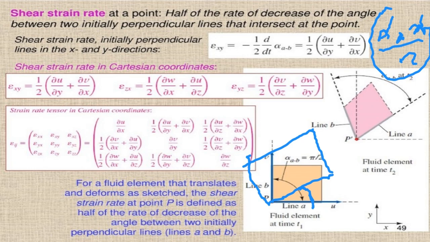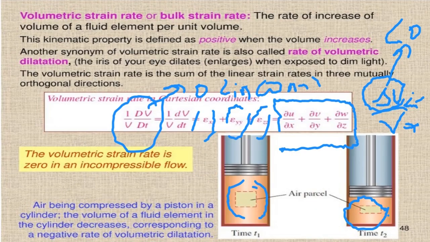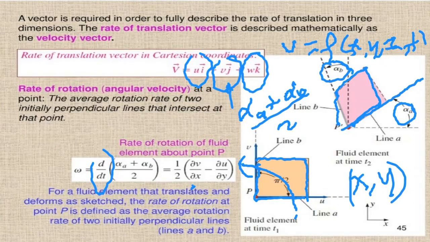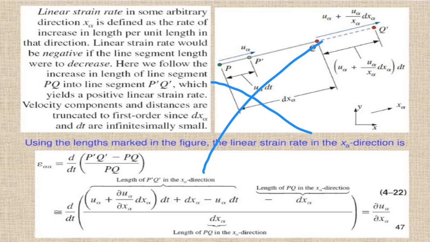If you compare this shear strain rate with the angular rotation, you see that the only difference is this sign. They are very similar to each other, but the only difference is that in the angular velocity, the sign in between is minus, whereas in the shear strain rate, it's plus.